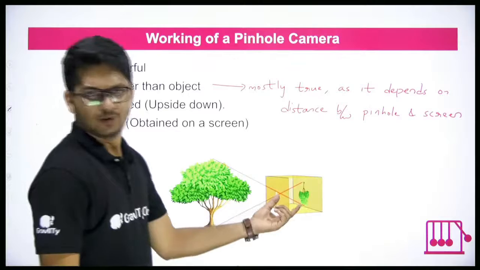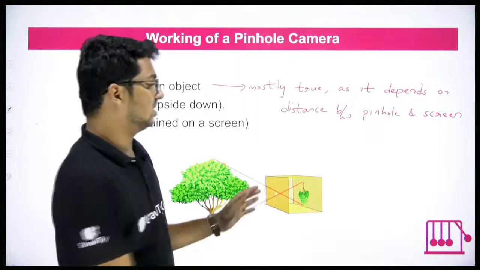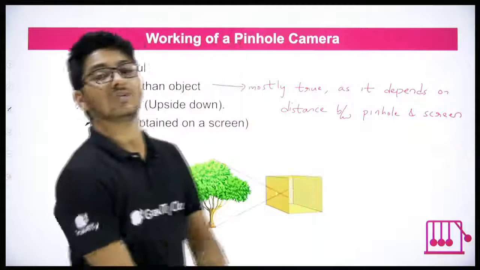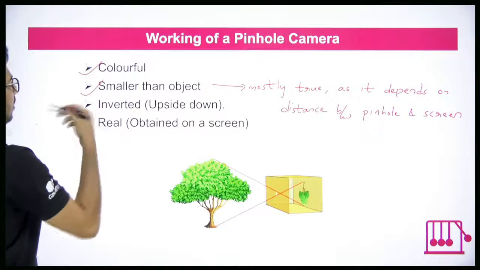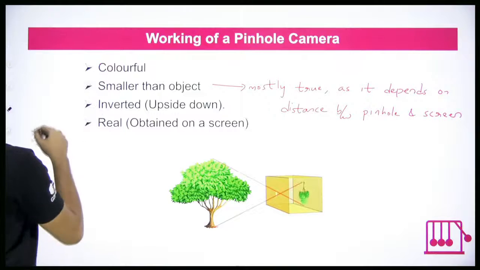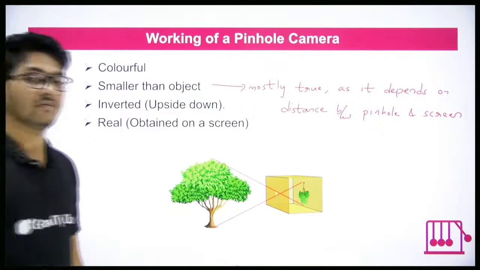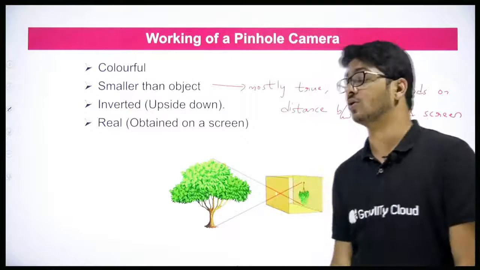Mostly the distance will be very small. That is the reason why you'll get a smaller image. But if the distance is large, then you'll get what? A larger image in that case. Okay, so some properties. It is colorful, small, inverted and real. Clear everyone? Properties of image formed by a pinhole camera. Good.